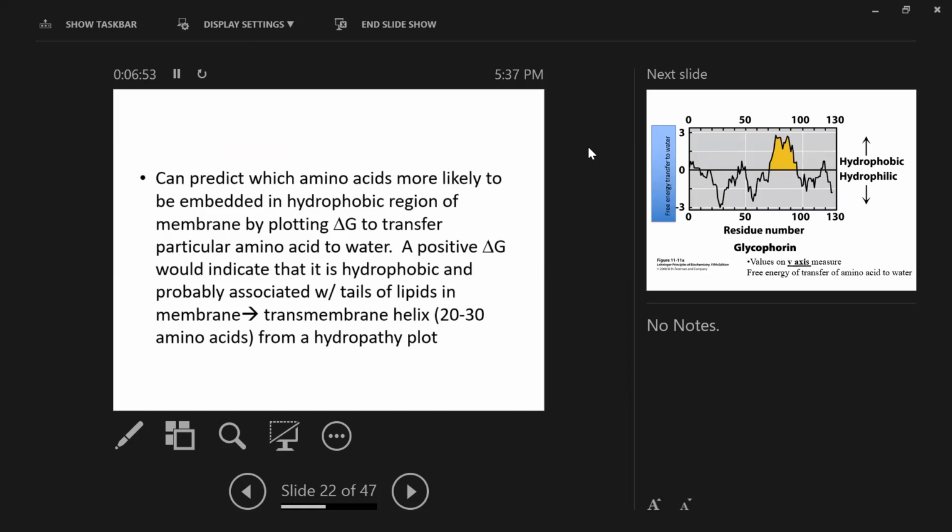If something has a positive delta G when you transfer it to water, that means you have to put energy in and force it to be in water. That's going to be your hydrophobic amino acids. If you have a negative free energy when you put an amino acid in water, it's so happy to be in water, it's releasing energy. It's like, this is my place to be. That's your polar amino acids.